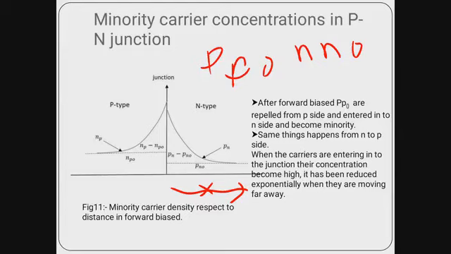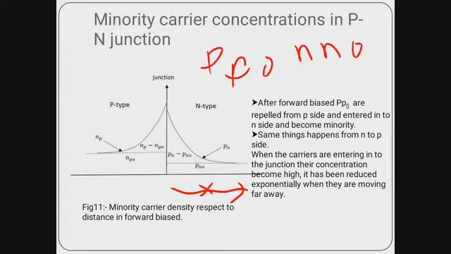Okay, so when we are removing the excess minority carriers Np minus Np0 and Pn minus Pn0, that is coming into the open circuit or the equilibrium state. That means the diode does not conduct either in forward or in reverse. From that it is coming into the steady state reverse biased condition.